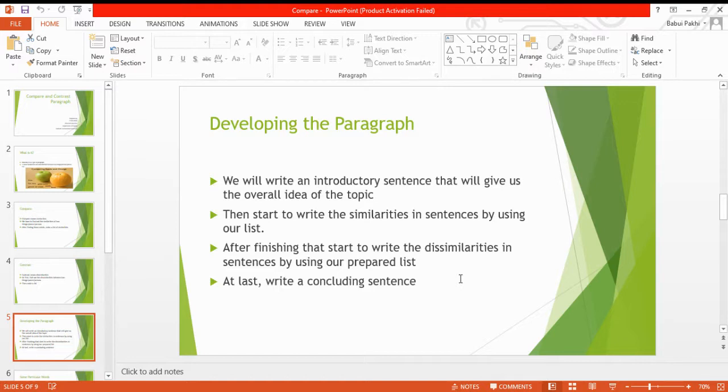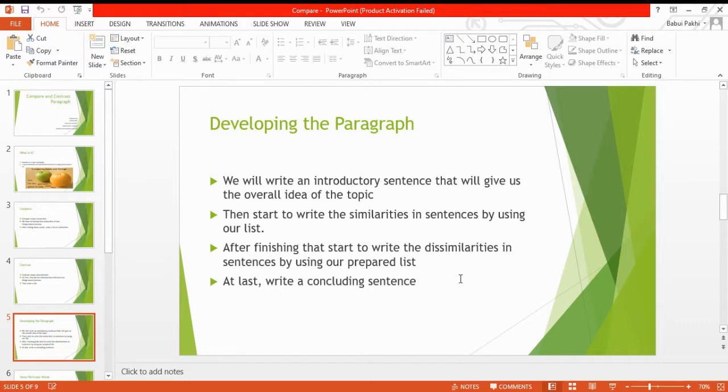We will write an introductory sentence that will give us the overall idea of the topic. For any kind of paragraph, whatever it is, narrative or descriptive, we have to put an introductory sentence, and the compare and contrast paragraph is not an exception.